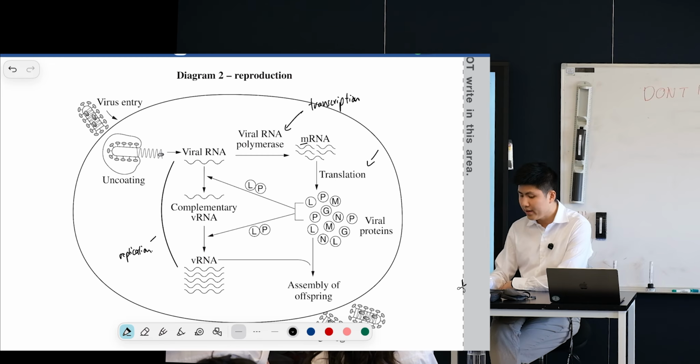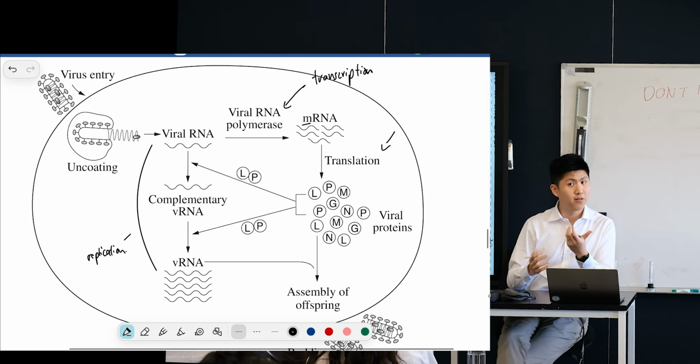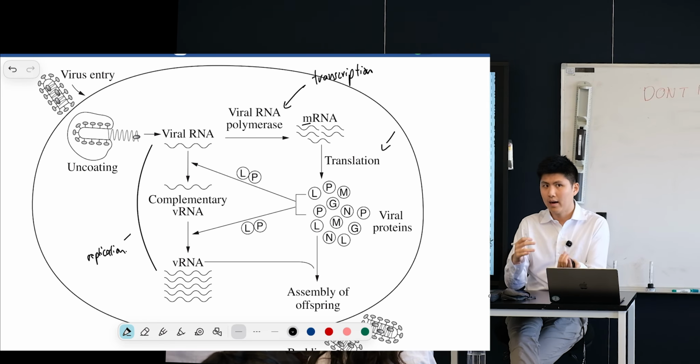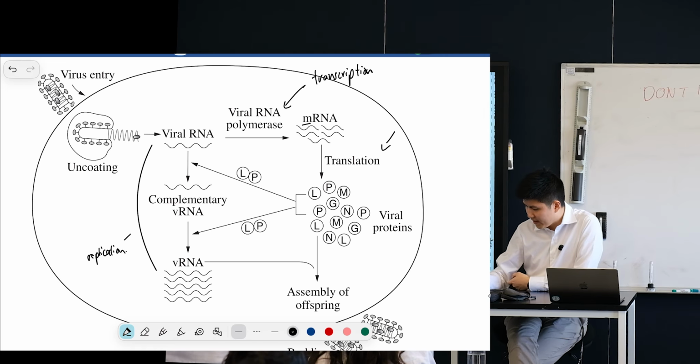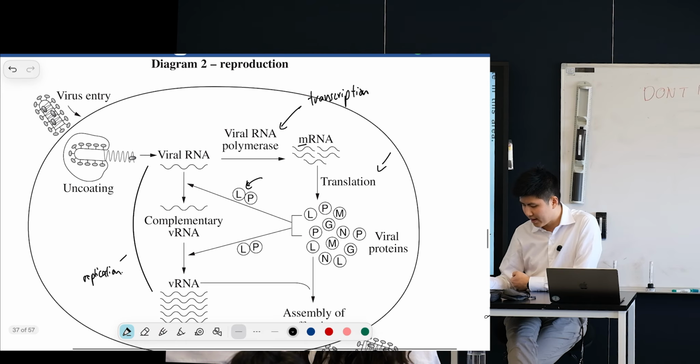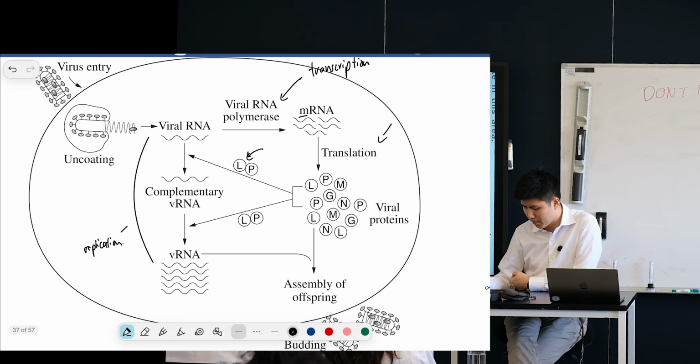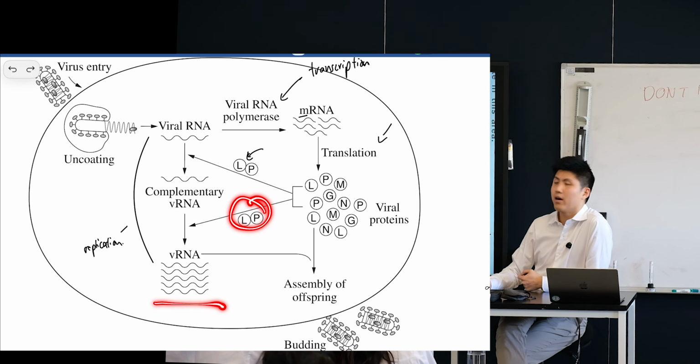Now, we know that in order for something to replicate, we need polymerase, right? And how convenient, it says these 2 proteins are what get us from viral RNA to complementary viral RNA. And then these 2 proteins, again, make more copies of our viral RNA again.